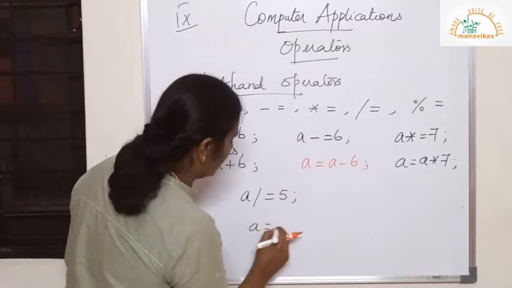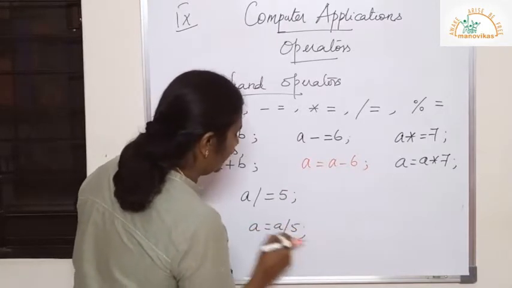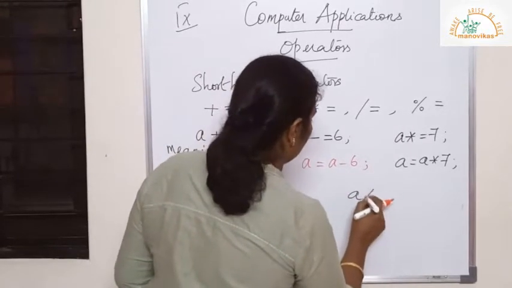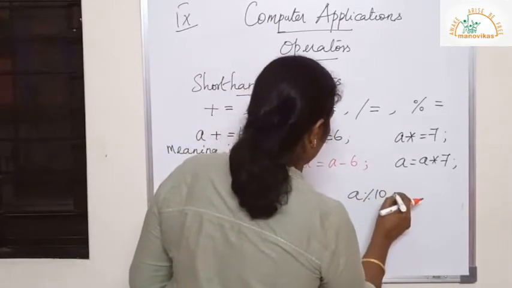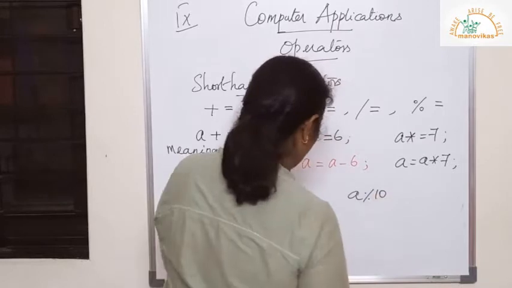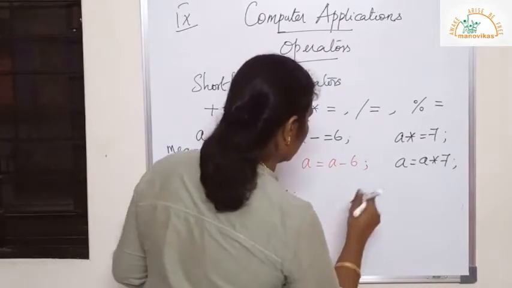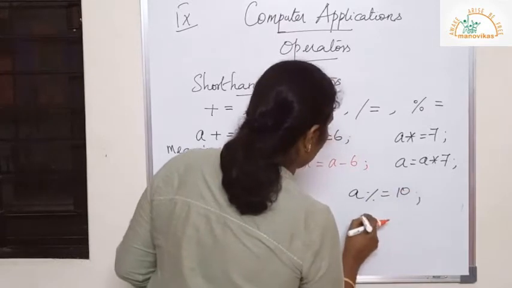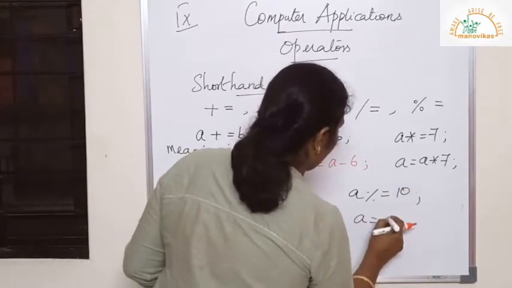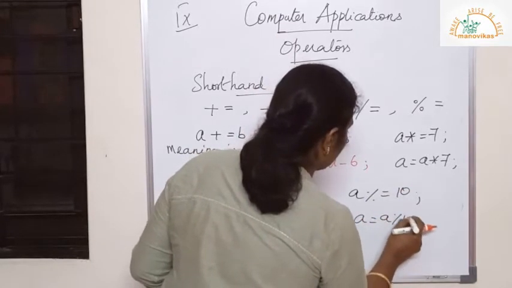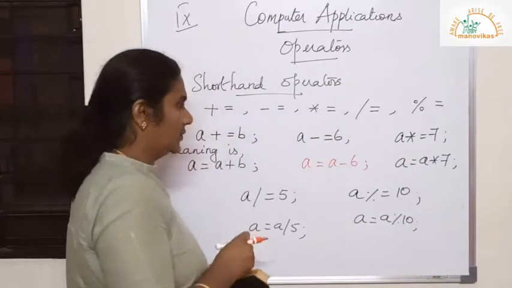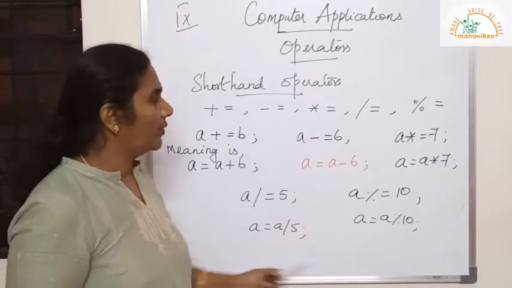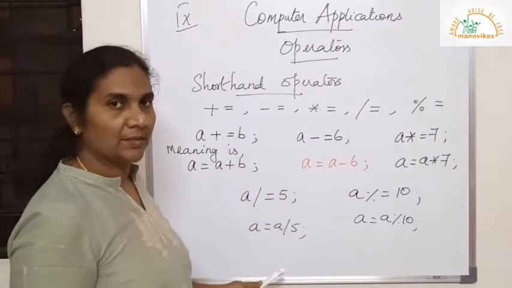A slash equal to 5 means A is equal to A slash 5, and A mod equal to 10 means A is equal to A mod 10. Okay. So I hope everyone understood this part.